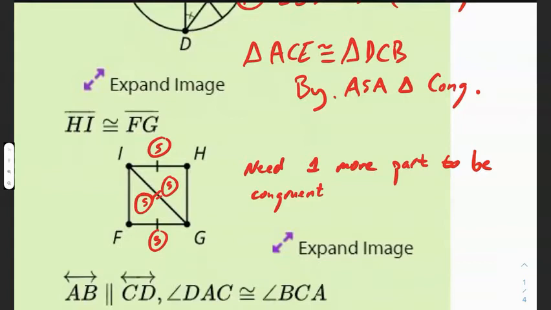All right, you can get some angles, but maybe if they gave me IF is congruent to GH, then I would have side side side.